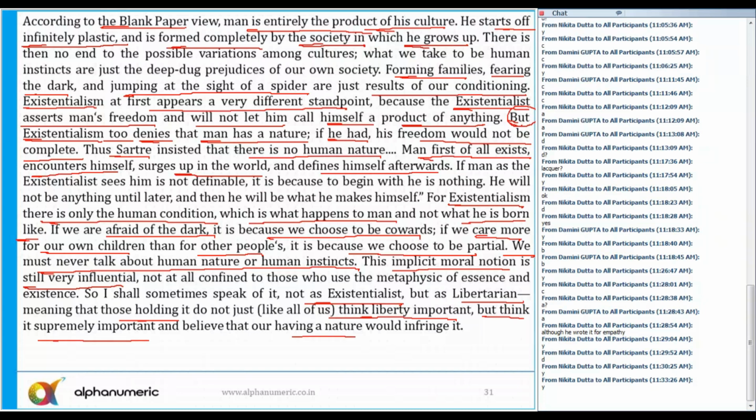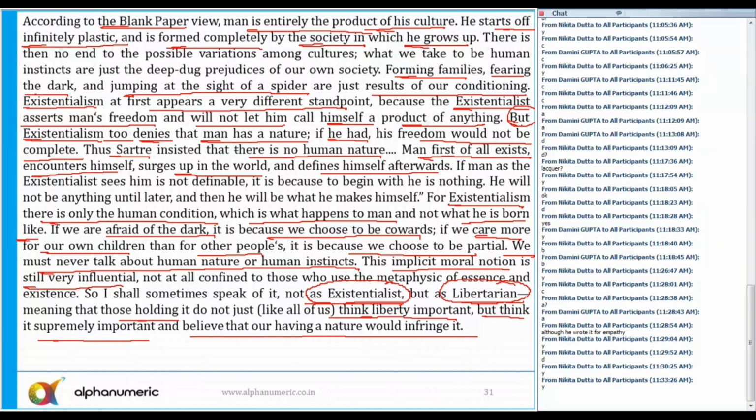So, what is the difference between an existentialist and a libertarian? An existentialist believes that human beings don't have a nature. A libertarian believes that human beings don't have a nature, and in fact, if they have a nature, it is absolutely wrong. It's absolutely important that human beings don't have an instinct.